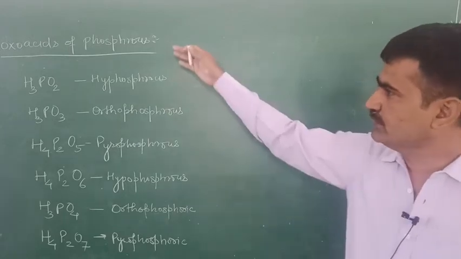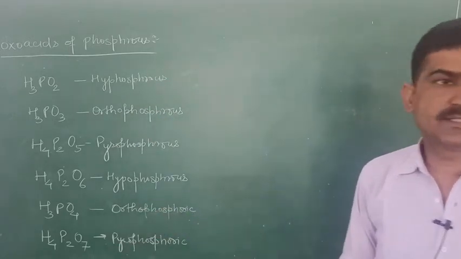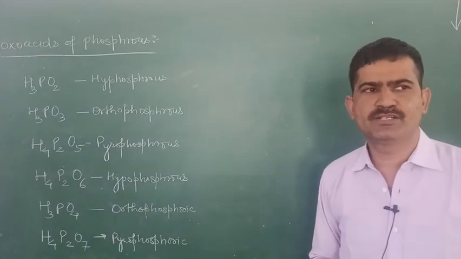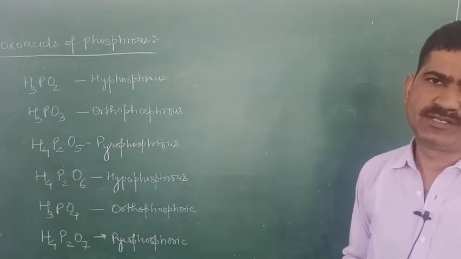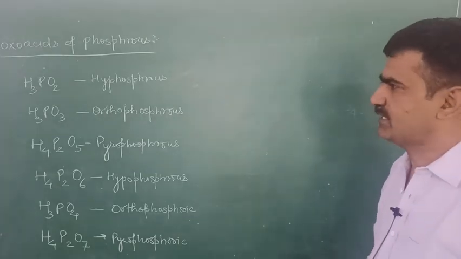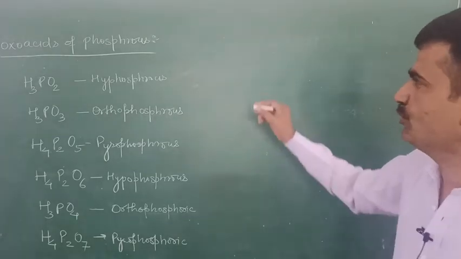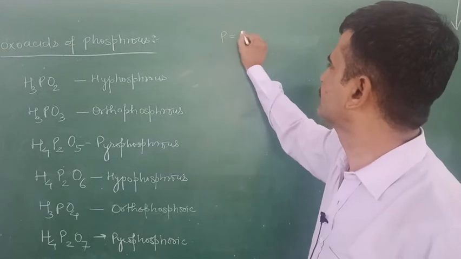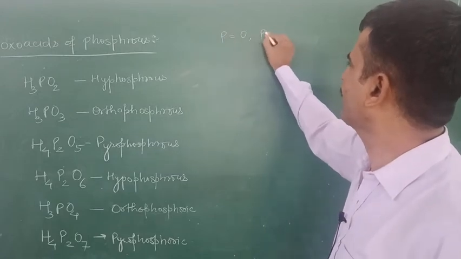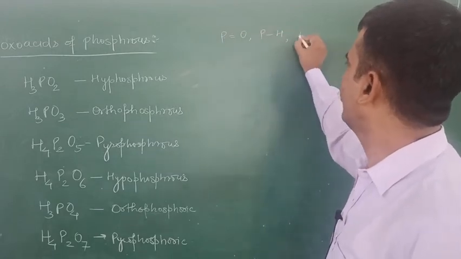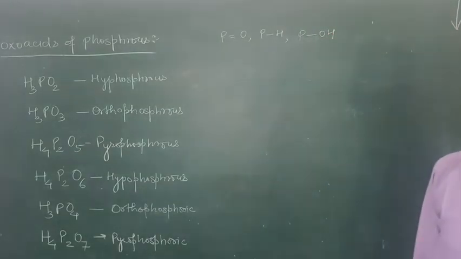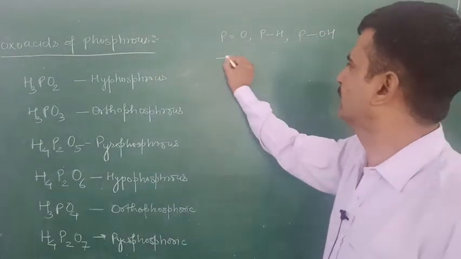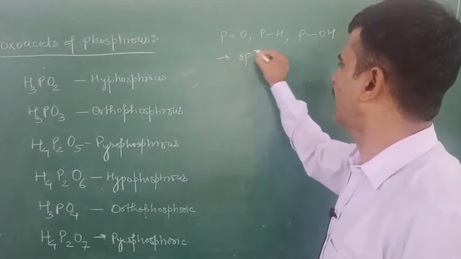All these oxophosphoric acids are in sp3 hybridization state and have tetrahedral structures, and all the acids must have one P=O bond, and may contain one phosphorus-hydrogen bond and one phosphorus-hydroxyl bond, and all are sp3 hybridized.